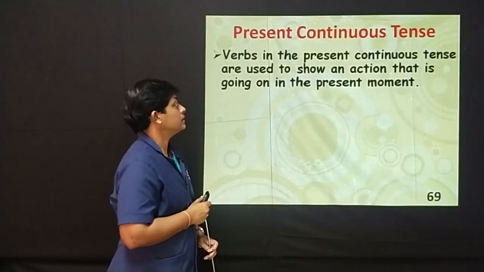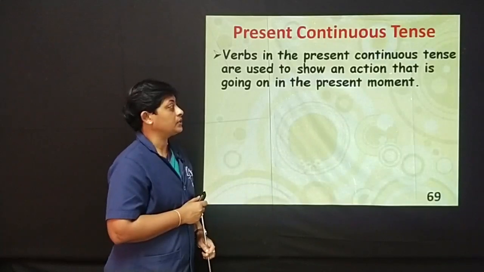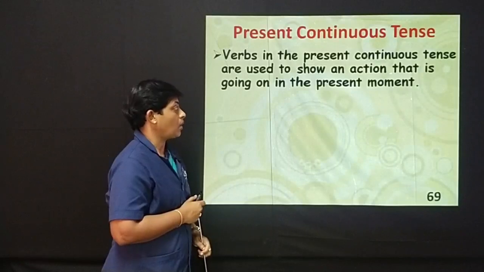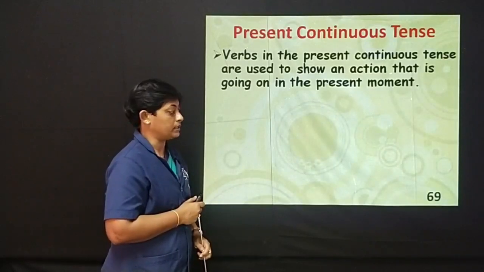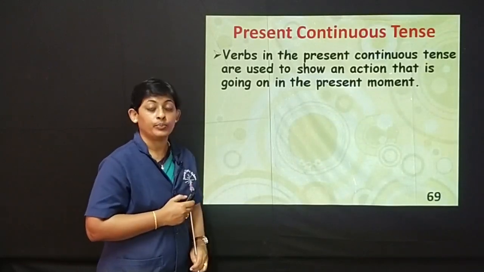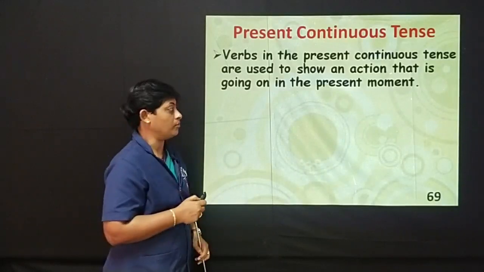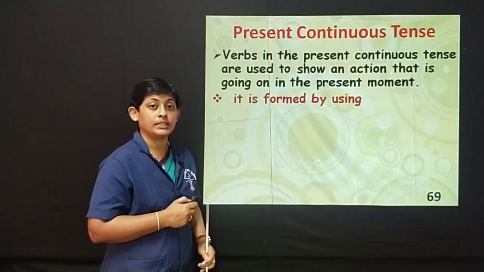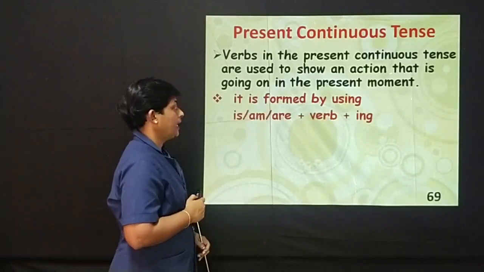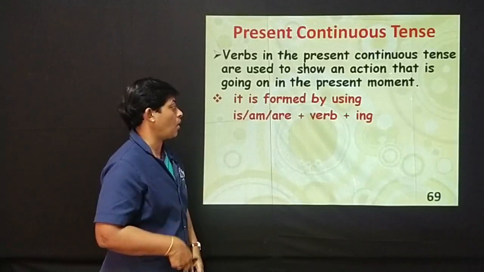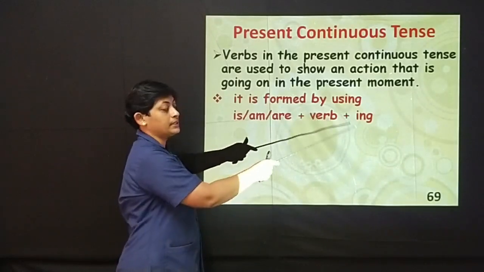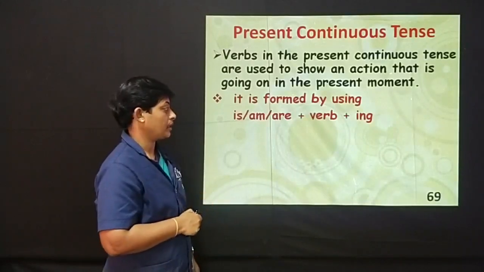Present continuous tense. Verbs in the present continuous tense are used to show an action that is going on in the present moment. Let us look at how the present continuous tense is formed. This we have already studied in our previous videos. Please refer to them for details. It is formed by making use of is, am, are plus verb plus the ing form.